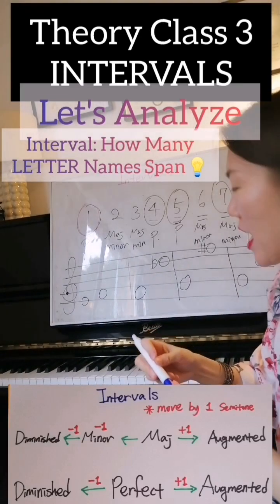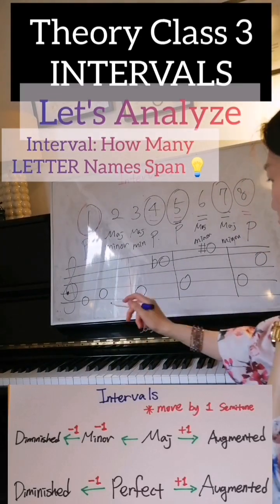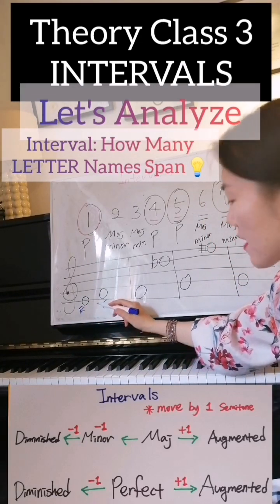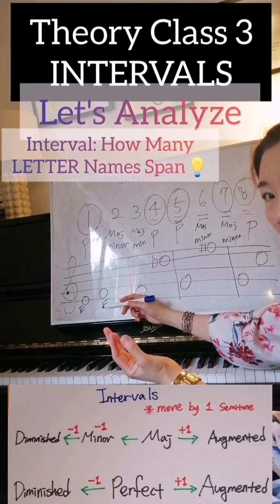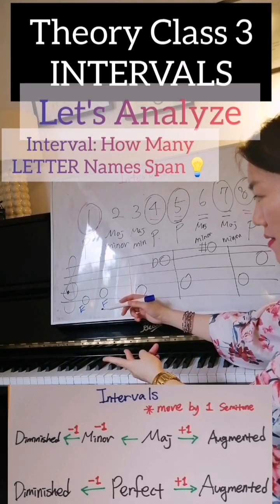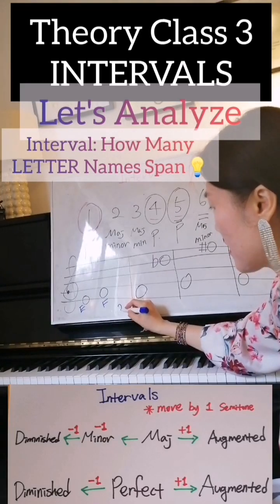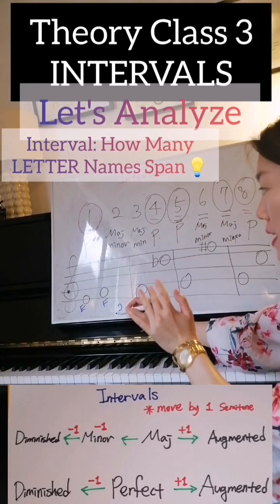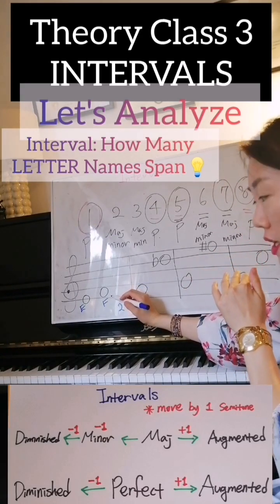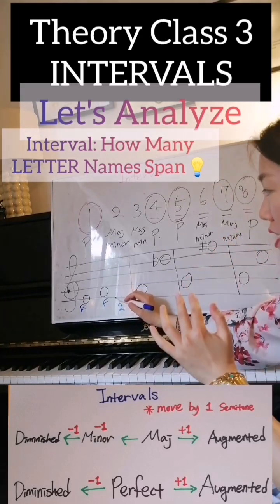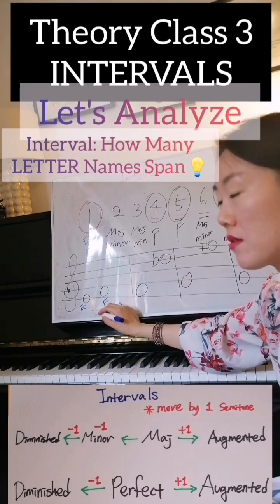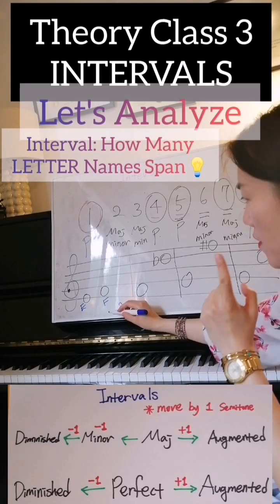Alright, so now let's analyze the intervals that are given. From E to F. We just count how many letter names span between E and F. E, F, second. So you write down the number first and then figure out the quality. To ascertain the quality, you go through the major scale of the lowest note. We have to go through the E major scale. What is the key signature of E major?